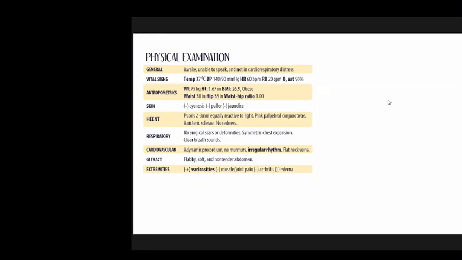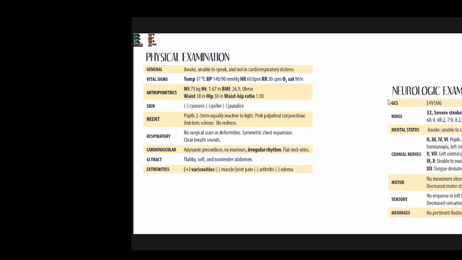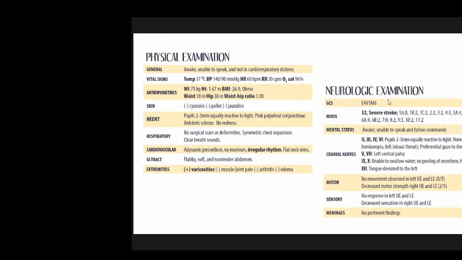So that's the reason why you have to be on guard when you are dealing with a massive stroke like an ICA occlusion or MCA occlusion on the left or on the right.